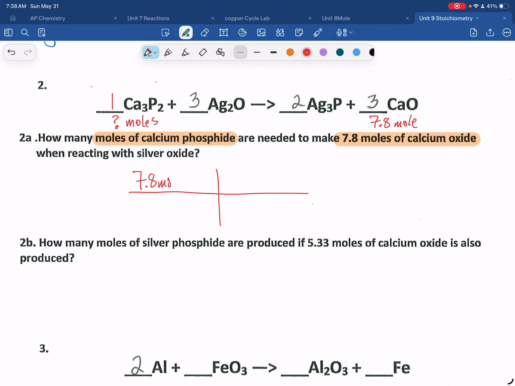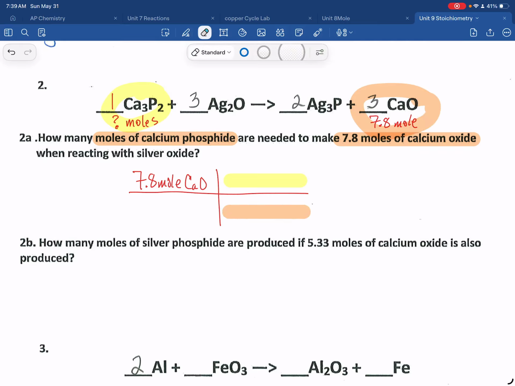7.8 moles of calcium oxide. Now, here we go. Here's what we're looking for. That's going to go on the top. Here's what we started with. That's going to go on the bottom. All right, so our mole ratio: 3 moles of CaO, and what we're looking for, 1 mole of Ca3P2.